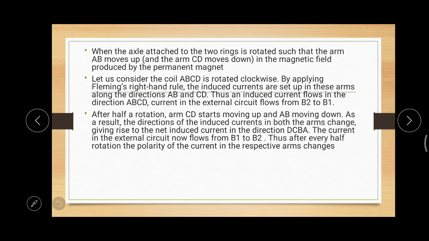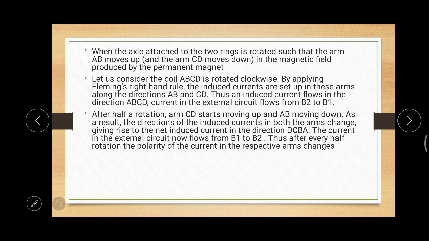And after the half rotation, the current direction will change. That is due to the reason we have already drawn, and I have explained to you, that CD will move upward, AB will move downwards. So the current direction will be from DCBA. It is reversed. As well, outside it will be from B1 to B2.